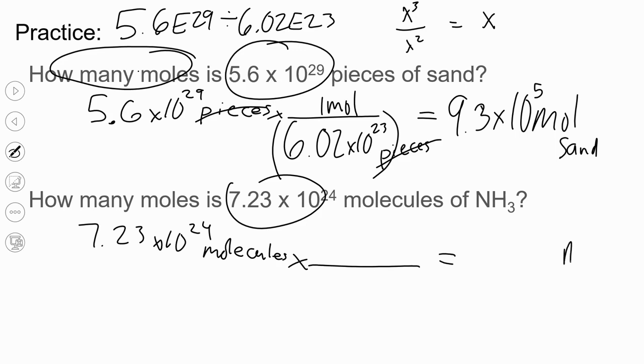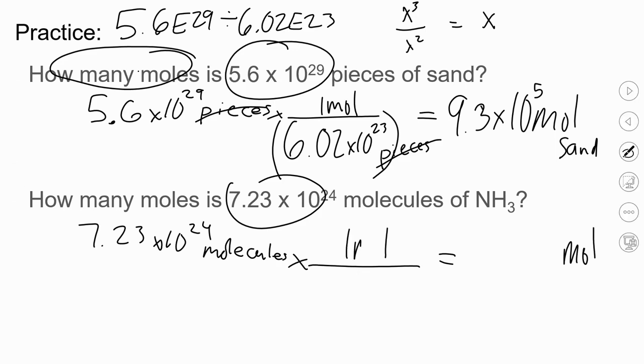Still moles, okay, good. And that tells me 1 mole needs to go on the top. If it's on the top over here, it needs to be on the top of my conversion factor. And then molecules is here, I need to cancel out molecules. So 1 mole for 6.02 times 10 to the 23rd molecules.